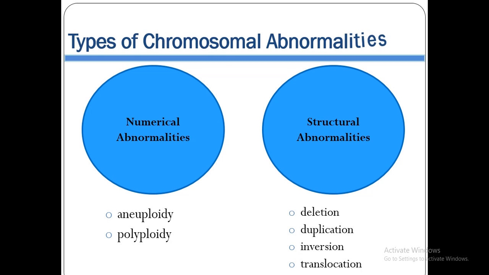It's just that a particular chromosome, may it be one or more, has undergone deletion, duplication, inversion, or translocation. Meaning, part of the chromosome has been deleted, part has been reduplicated, part has been inversed, and some parts have been translocated from one chromosome to another.